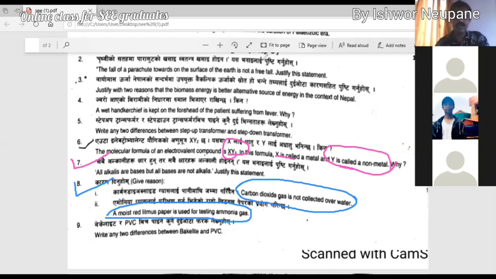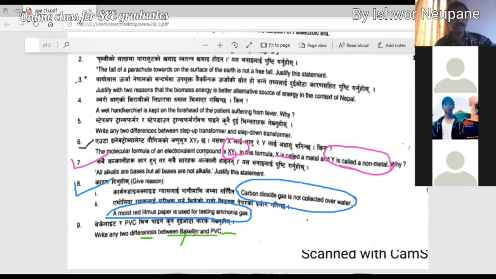Now, students, we are in question number 9. What does question number 9 say? Write any two differences between bakelite and PVC. Bakelite is a thermosetting plastic. PVC is a thermoplastic. Now, differences.